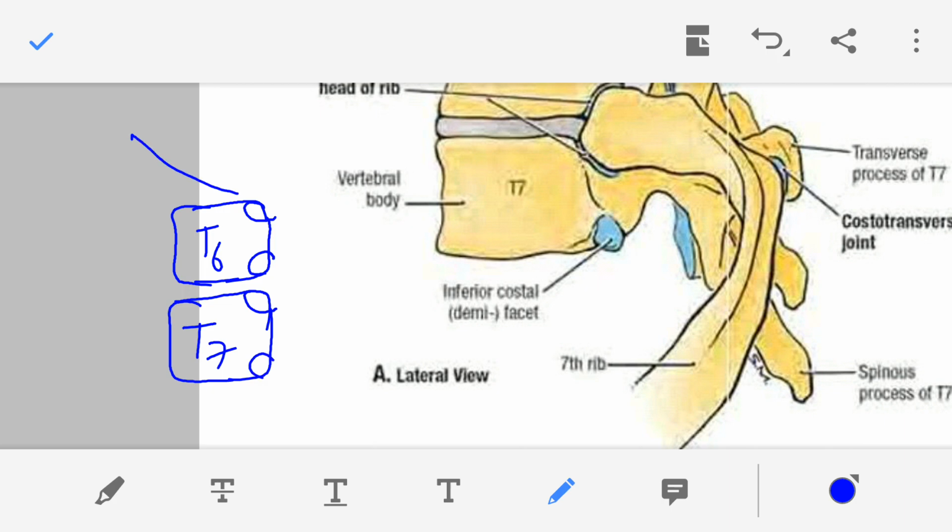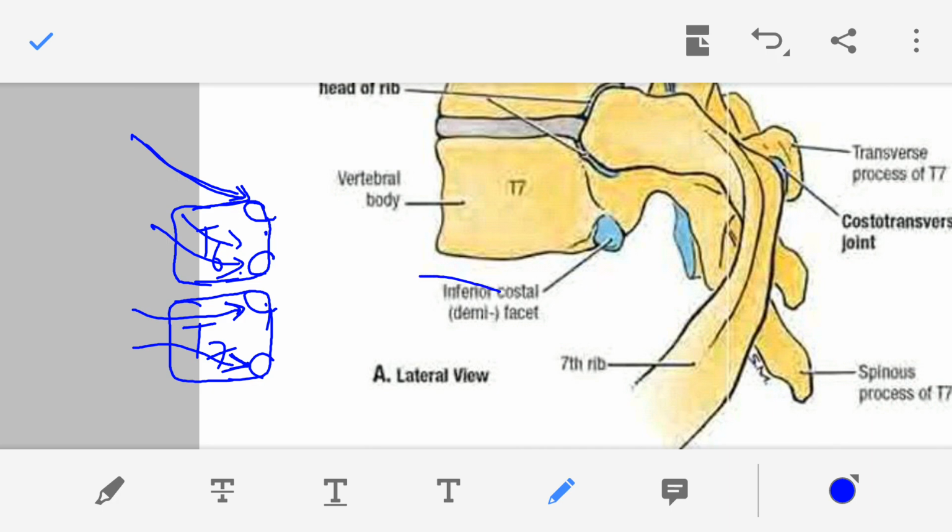Now for T7, this is the superior demifacet, and in the body of T7, this is the inferior demifacet. This is the superior demifacet of T6 and this one is the inferior demifacet of T6.